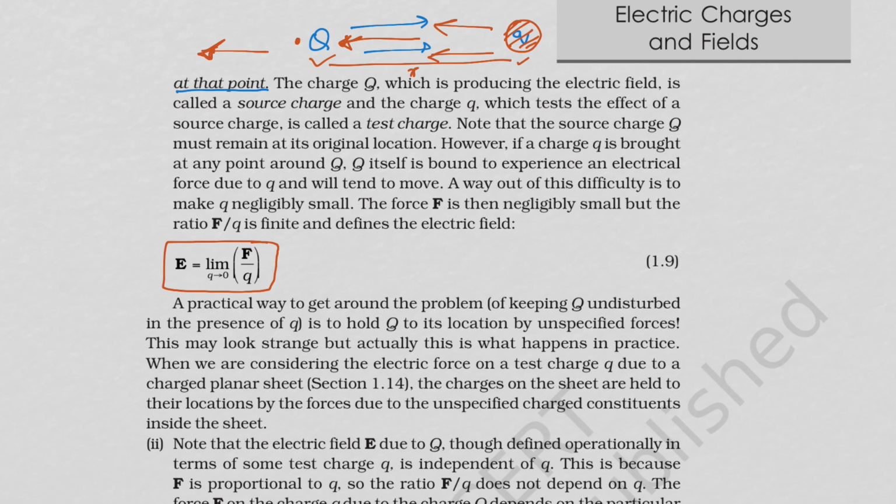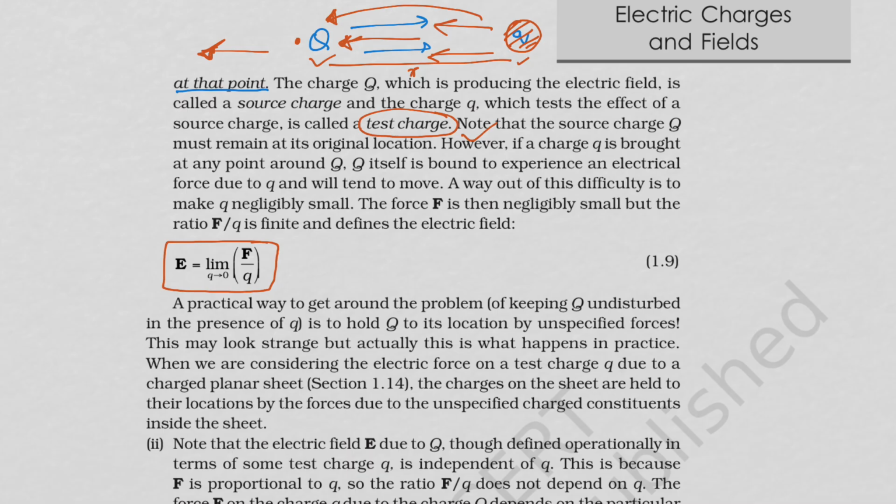That's why the concept of test charge is introduced. The concept of test charge says that we have to bring the extra charge into the region of the capital Q so small that it won't affect the position of capital Q. So that should be very small.